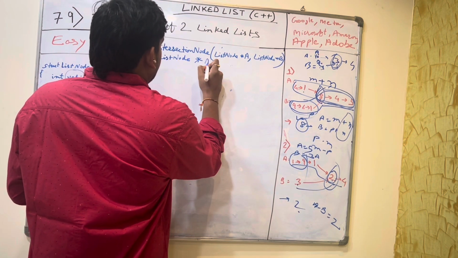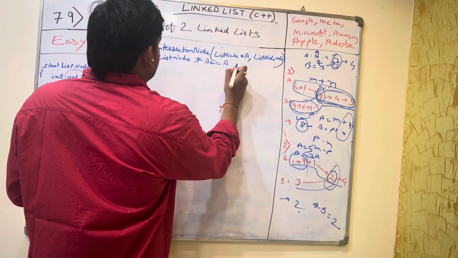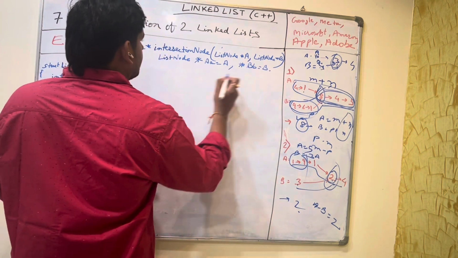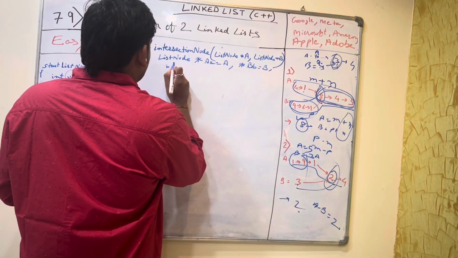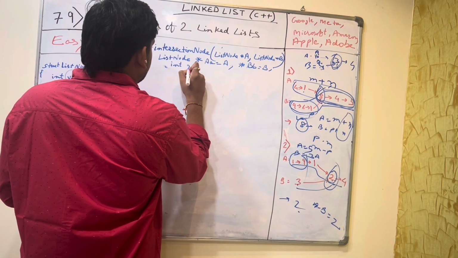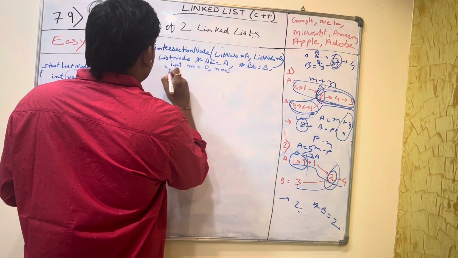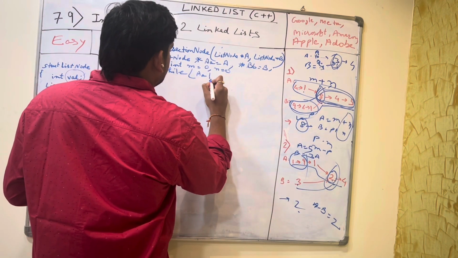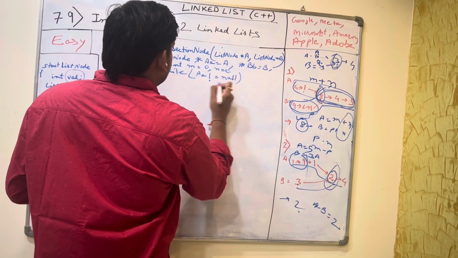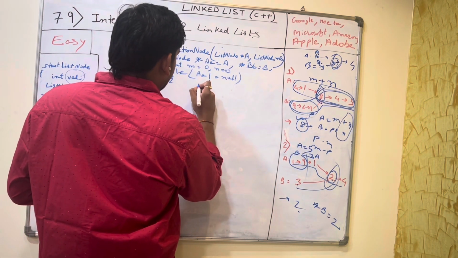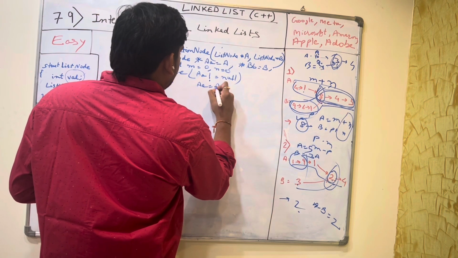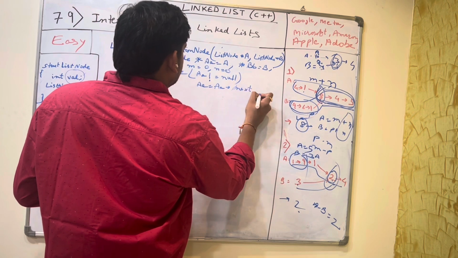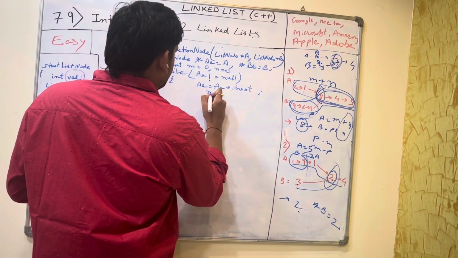Node A is equal to A and node B is equal to B. So int m is equal to 0, n is equal to 0, while A not equal to null, we increase the size: A is equal to A next, and we do m plus plus.